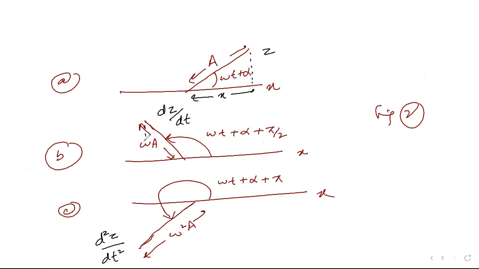This projection on the x-axis is my real velocity. This projection on the x-axis of the complex acceleration is my real acceleration d2x by dt2.